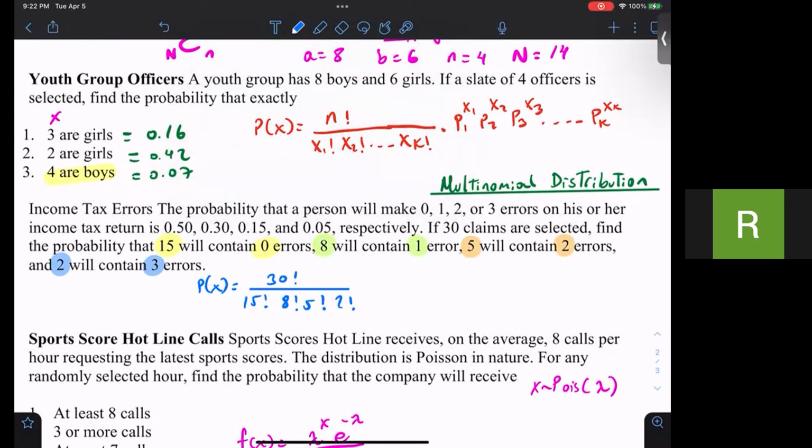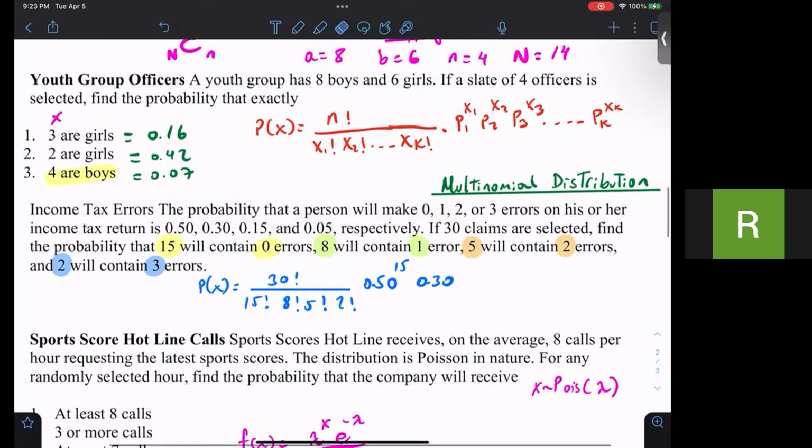So these are the claims, and the formula says p1, the probability. The probability of 15 claims having 0 errors is 0.50 to the x1 power, so x1 is 15. The next probability is 0.30, the probability of 8 claims containing 1 error, to the 8th power.